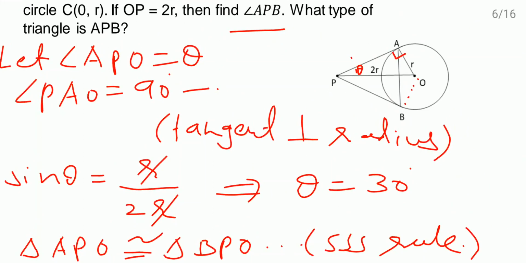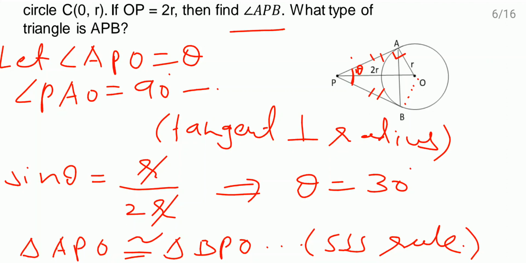Just look at the figure here. Angle APB came as 60 degree. Now you just see here, in triangle APB, this angle became 60 degree. These two sides are equal, so angles opposite to them are also equal. That means angle PAB and PBA, both the angles will become equal, right?